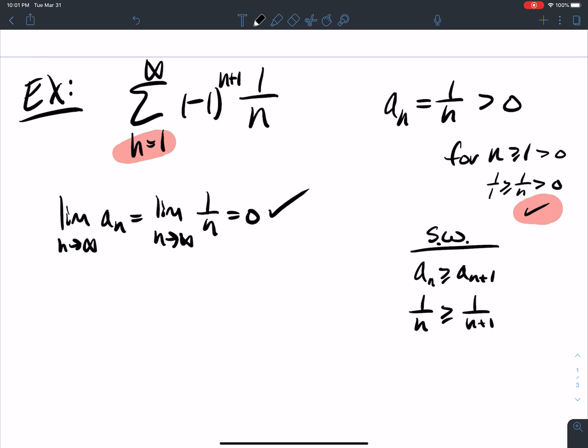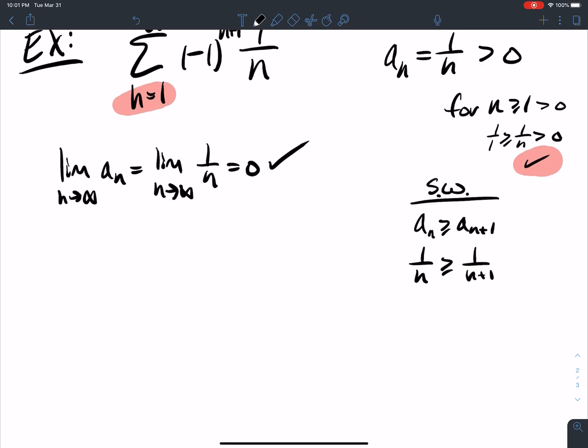Both of those are positive, so if I take the reciprocals of each, they flip around, and I get n plus 1 greater than or equal to n greater than 0. Looks like this is a true statement, because if I subtract n here, then 1 is greater than or equal to 0. I think that's a true statement.